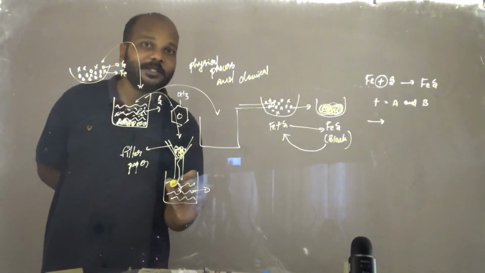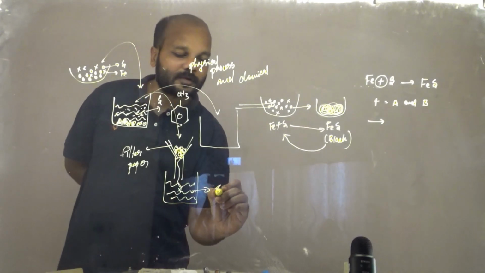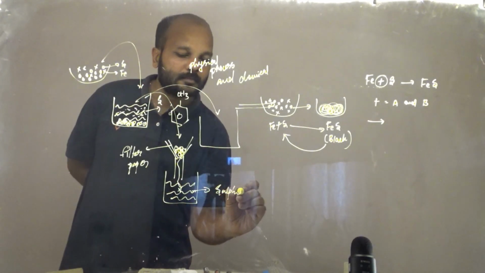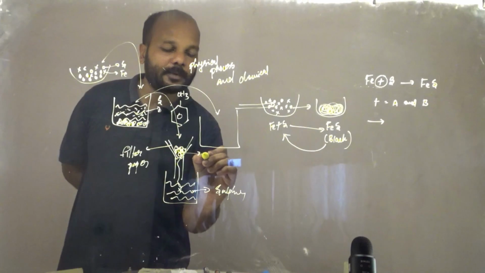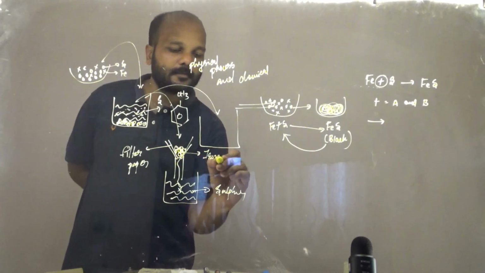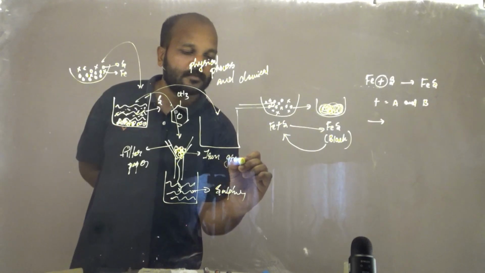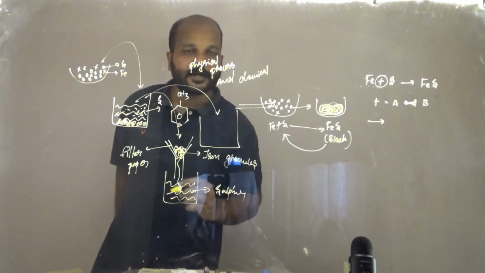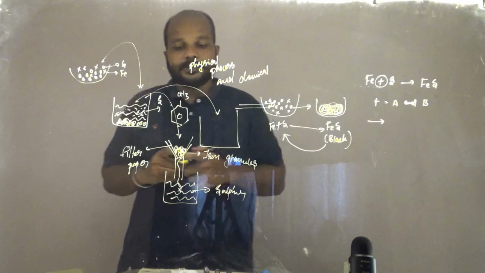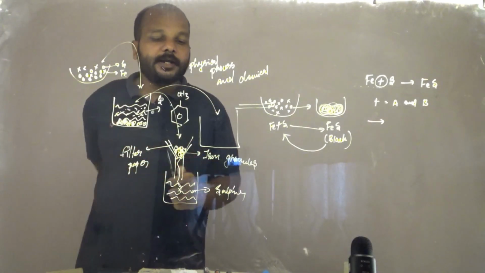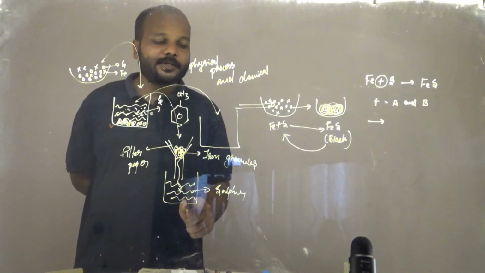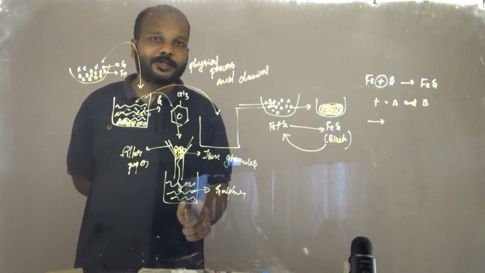This methyl benzene, this solvent, contains sulfur, and here on this filter paper are the iron granules.